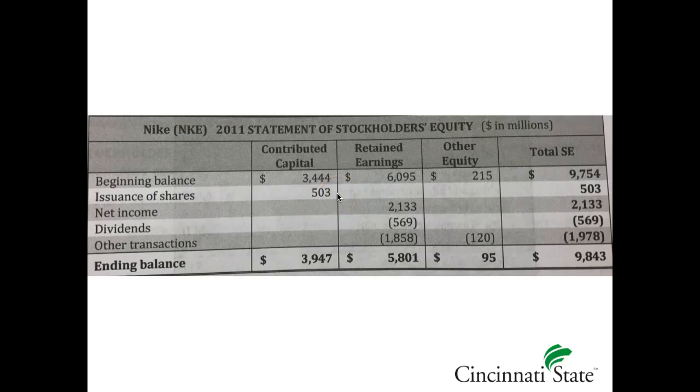The balance of retained earnings account changed from $6,095 million to $5,801 million because of net income for the period, constituting an increase of $2,133 million, payment of dividends, a decrease of $569 million, and other transactions. If you want to investigate what the other transactions represent, you would need to read the notes to the financial statements where this decrease will be explained.